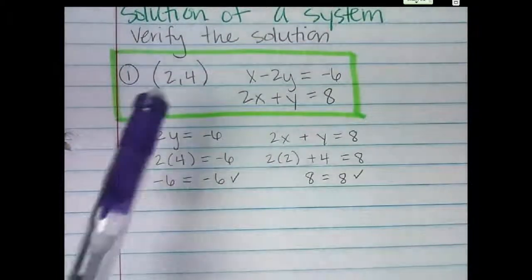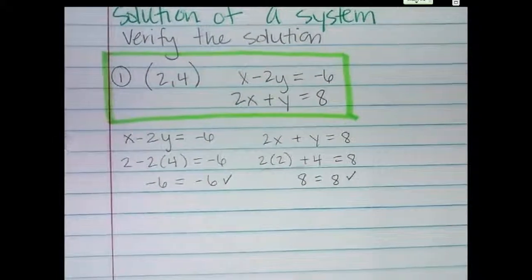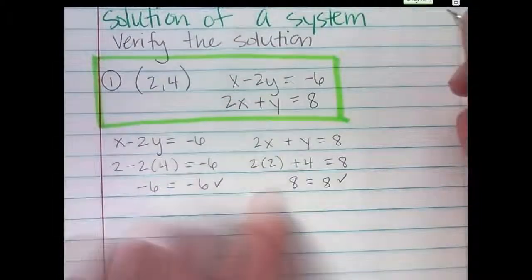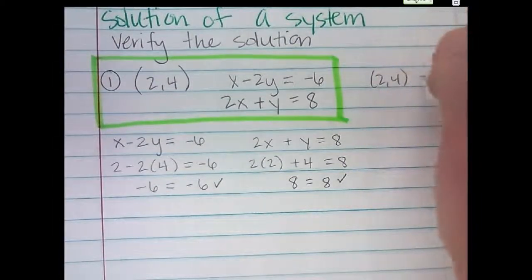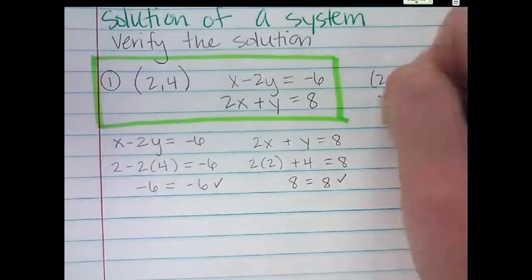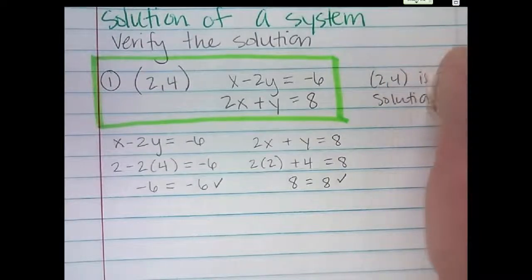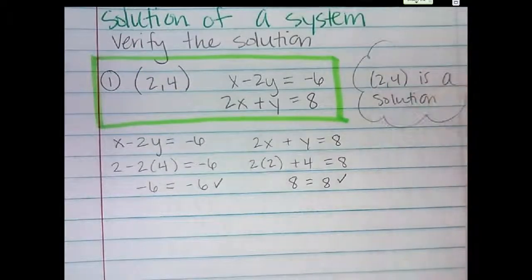So is 2,4 a solution? Yes, it works in both equations, so I'll just say 2,4 is a solution. The main thing is make sure you check it in both. If it works in one, it still has to work in the other. If it doesn't work in one, it might work in the other, and it might not.